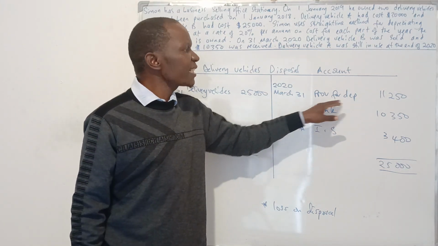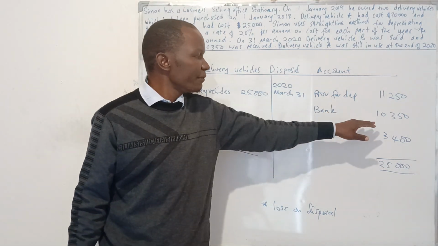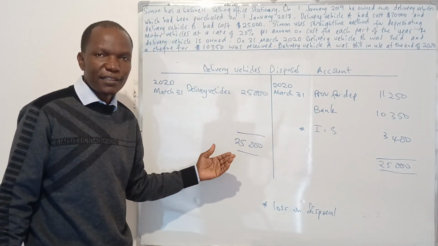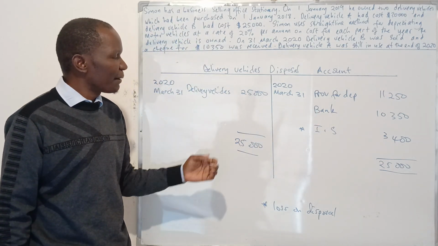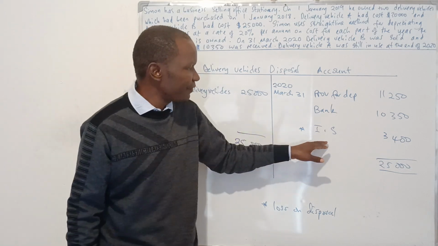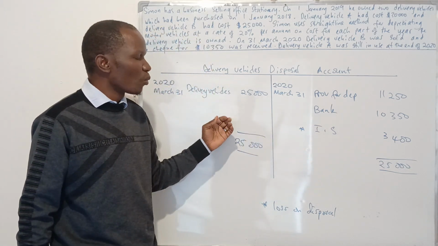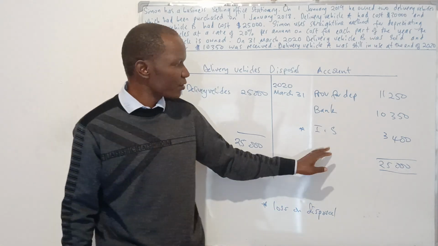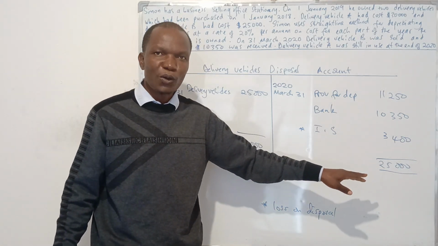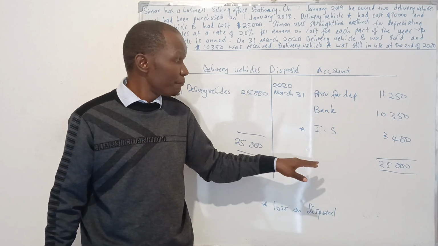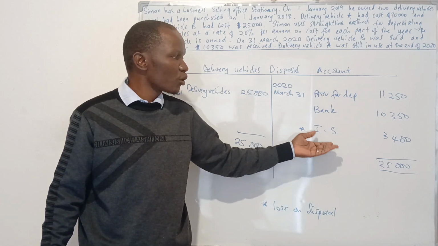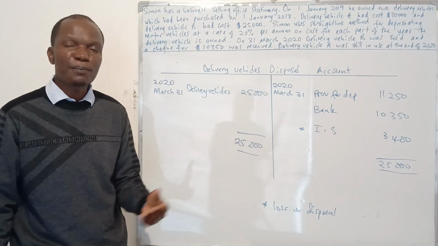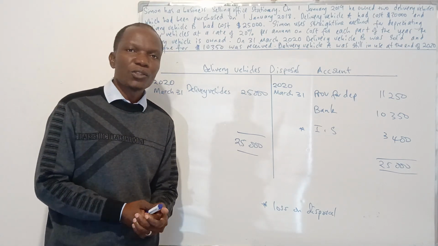If the provision for depreciation and the amount we received was greater than the amount we bought this non-current asset at, the balance figure, which is the income statement, would come to this side, which means it would become a profit on disposal. So this figure is transferred to your income statement under other income. This one reduces your profit, so it's like an expense in your income statement. If it was a profit on disposal, you would add it to your gross profit.